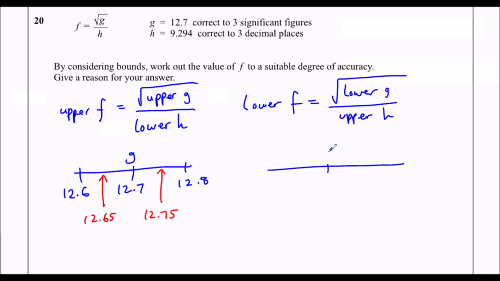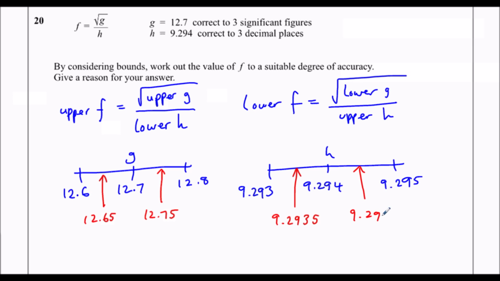For h, we've got 9.294. One above is 9.295. The one below is 9.293. And our lower bound is halfway, so 9.2935, and our upper is 9.2945.